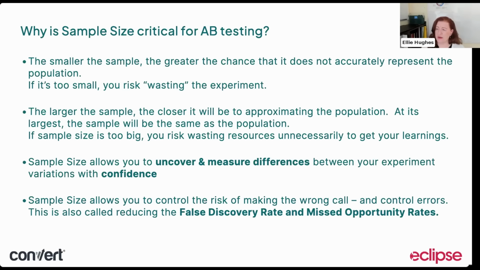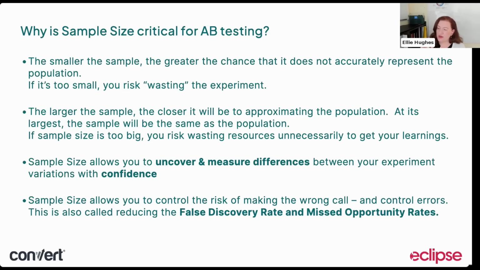It allows you to uncover and measure differences with confidence, and it also helps you control the risk of making the wrong decision. So there's this concept called false discovery rate, which is when there isn't a change in the population, but because of your sample, you think you've discovered a change in the population. Or missed opportunity rate, which is when in your sample you haven't found a change, but in the broader population there was a change.